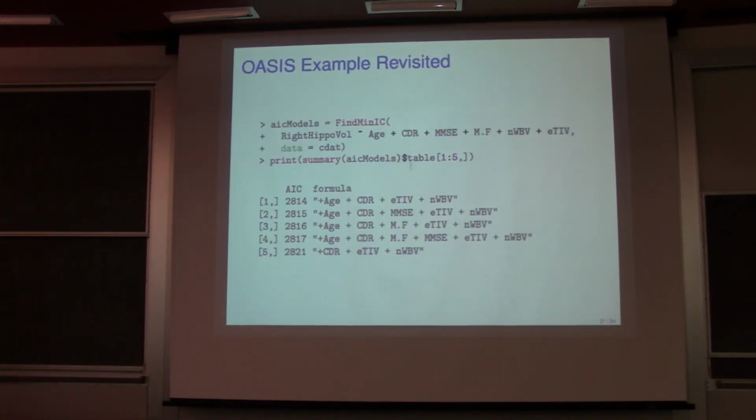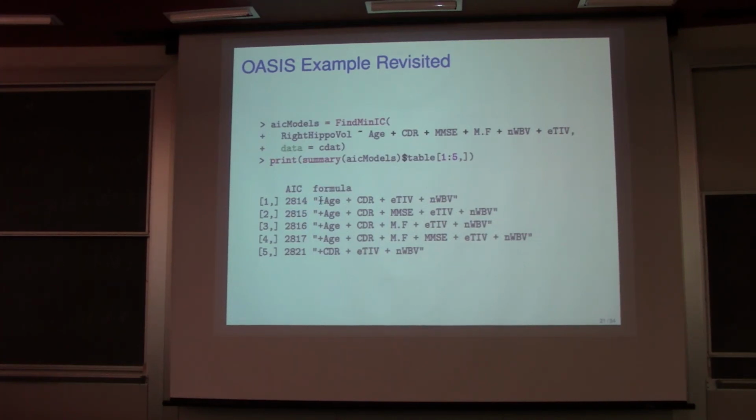For our hippocampus data, this is totally possible. It's only 6 variables. So I put the full model with all 6 variables into this FindMinIC function, and it will return a ranking of the models based on their AIC. I've just listed the first 5. The top one is the best model it found, and only by 1. The AIC is 2814, versus the next one at 2815.